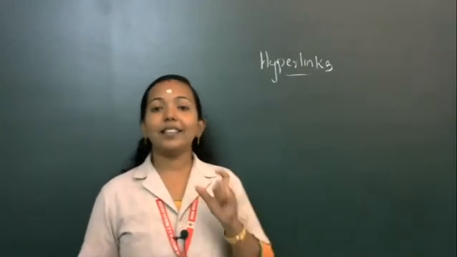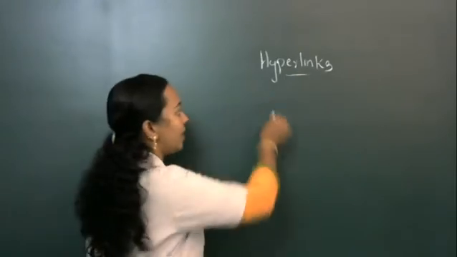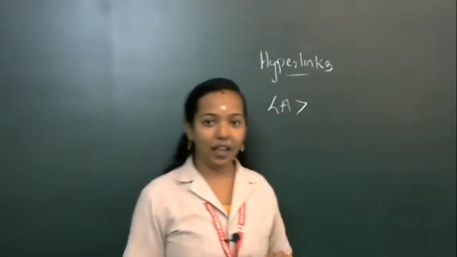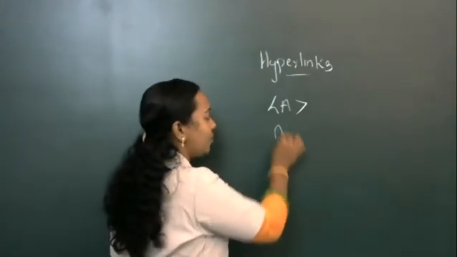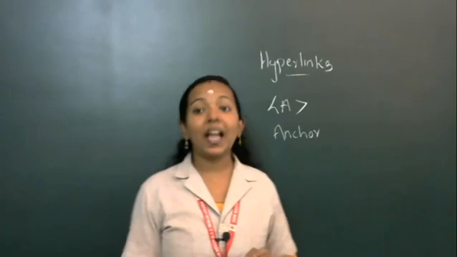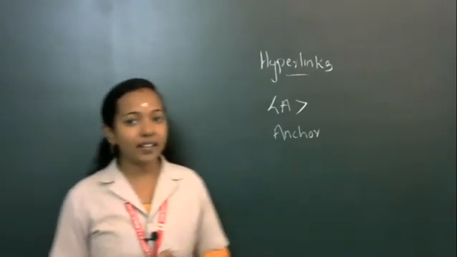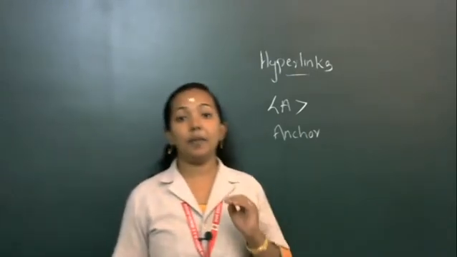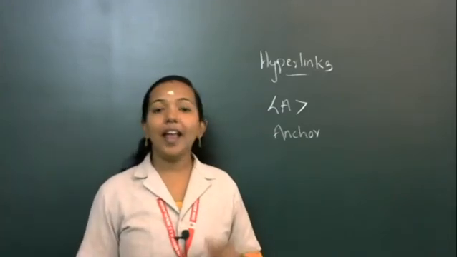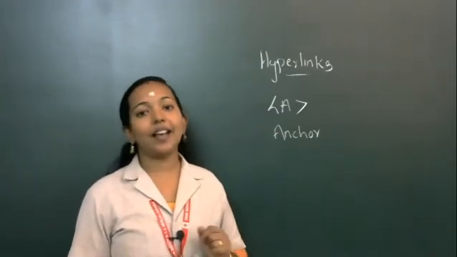That text should be included between a tag called the a tag, which is also known as the anchor tag. What is the tag name? Anchor tag. Using the anchor tag we can create a hyperlink. One more speciality: the a tag is also known as a container tag.